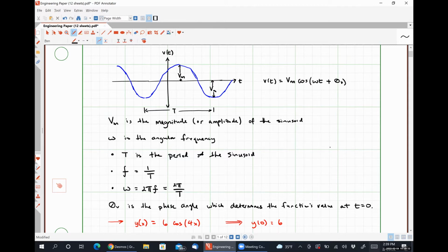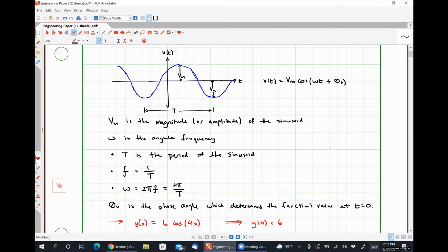I say that because we would expect a cosine function with 0 phase angle to have its maximum amplitude at t is equal to 0, which whoever answered my question a moment ago effectively figured out.